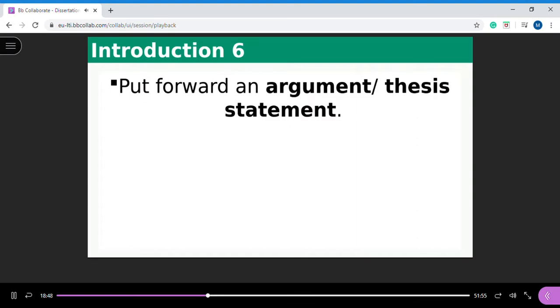It doesn't reflect your process of thinking. It's like, after doing all of the thinking and research, this is what I'm presenting. So you don't have to get to the conclusion and say, ta-da, this is what I think. From the introduction, you can say, this is my argument. And that will help you to be far more critical. But we're going to come back to this in a few slides' time.